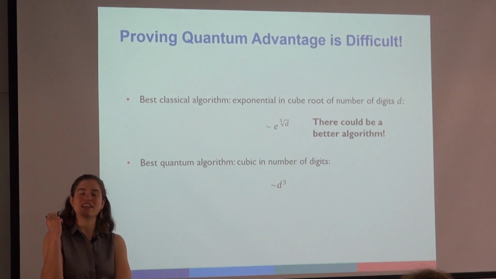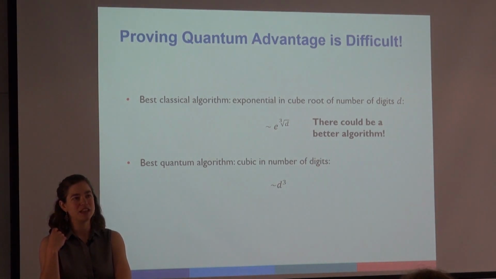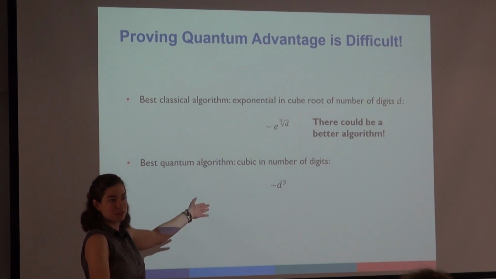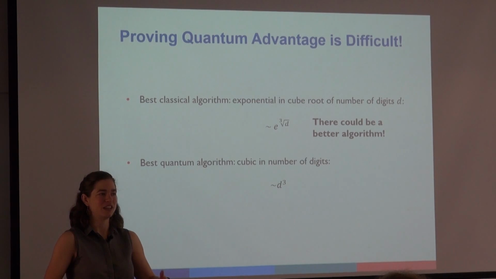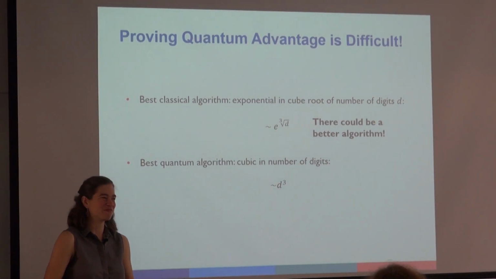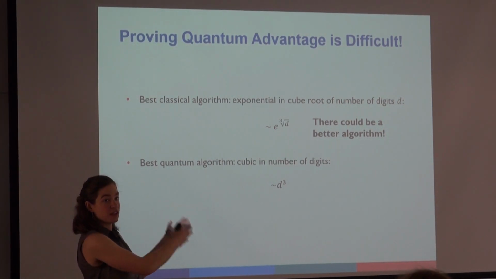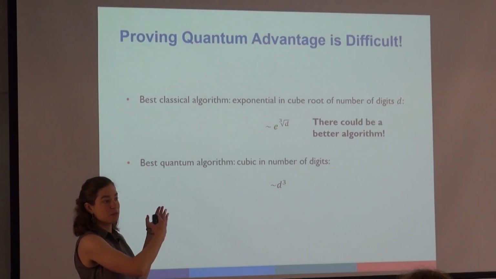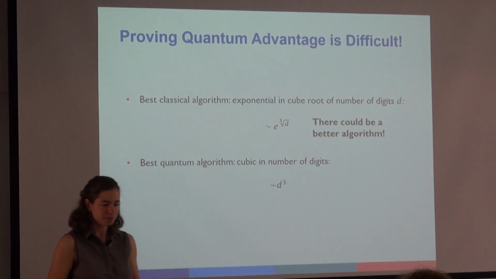I just heard someone say yesterday that an expert in math who studies these types of problems thinks that there probably is an algorithm to factor numbers that scales more like d cubed that you could run on a regular computer, but that humans will probably never have the capacity to figure it out. Basically, there could be a better algorithm. We have no proof that there's not a better way to do this on a regular computer. All we know is that the best we have with a regular computer is much worse than the best we have with a quantum computer.